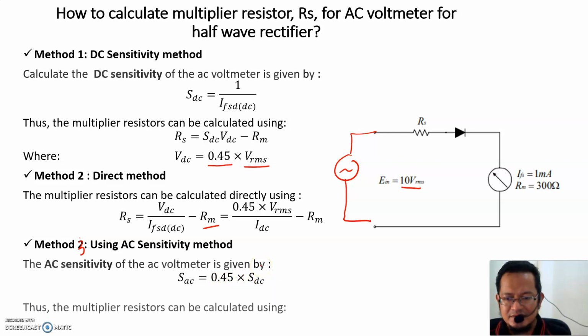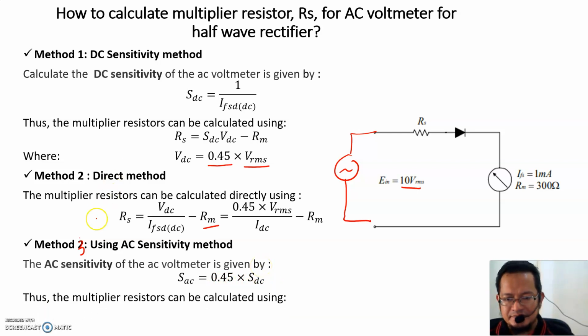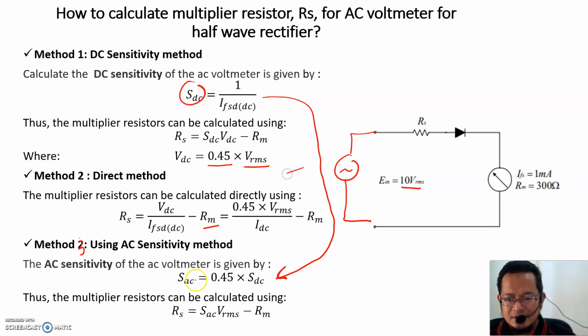So if you calculate SDC from up here, you bring it down here, and then you can calculate the multiplier resistor using the AC sensitivity multiplied by VRMS, and then minus the internal resistor of the meter.